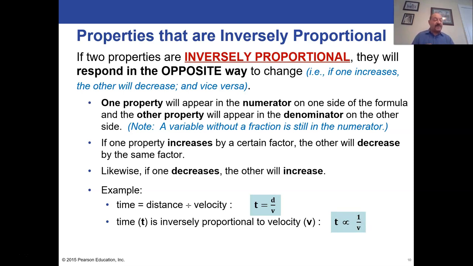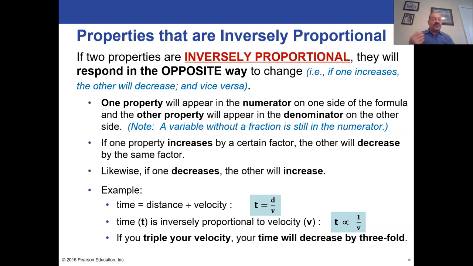So you see that symbol T is proportional to 1 over V. That's the same way of saying T is inversely proportional to V. So if you see it on the bottom, it's going to do the opposite on the other side of the equation. So if I triple my velocity and I'm keeping the same distance, my time will decrease threefold. I'm increasing my velocity threefold. I'm decreasing my time threefold.